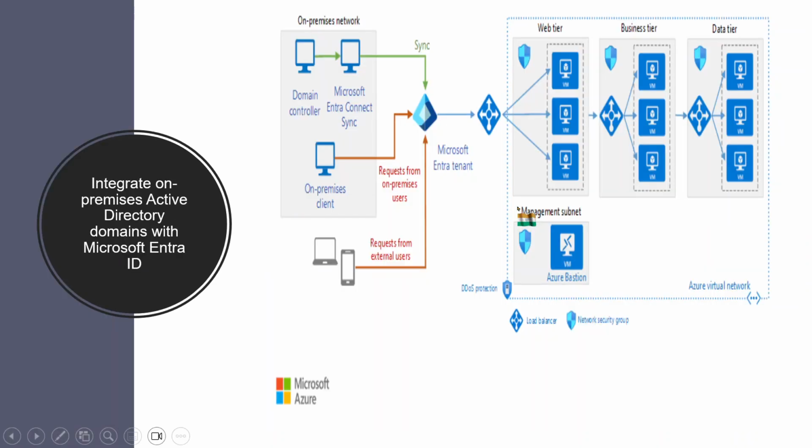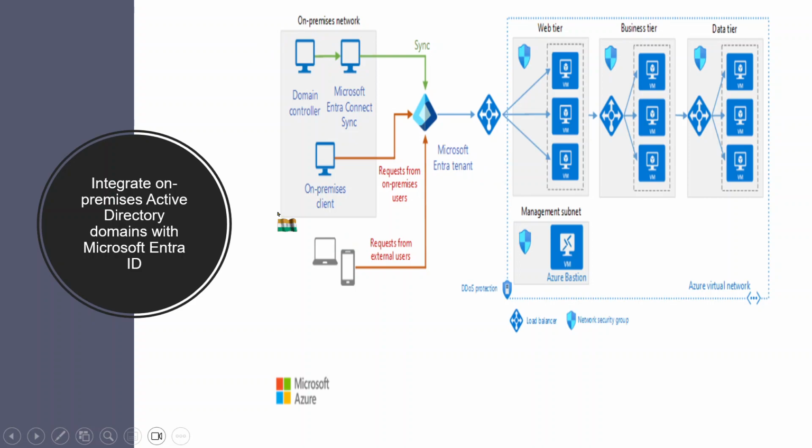If you go ahead, this is the infrastructure wherein you integrate Active Directory and Microsoft Entra ID. You can see the on-premise network over here, the request, and these are the servers on the Azure side. The request coming from the domain controller is connected to Microsoft Entra Connect Sync.